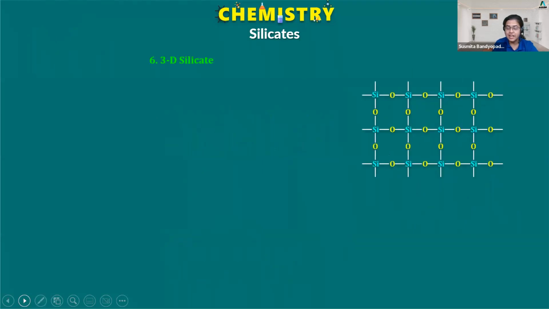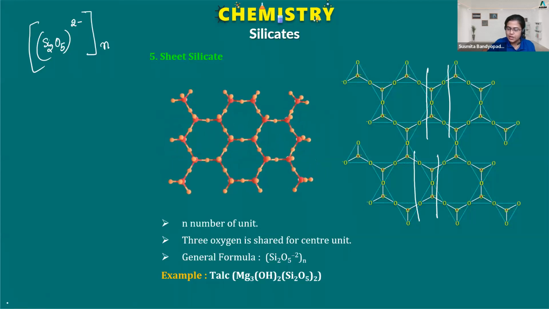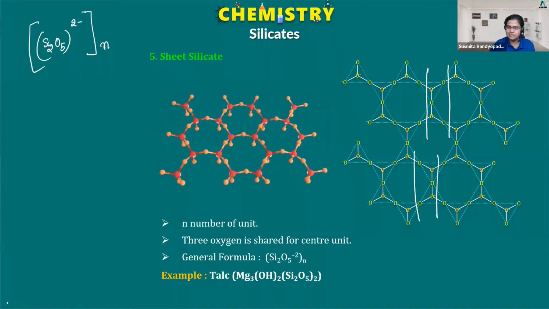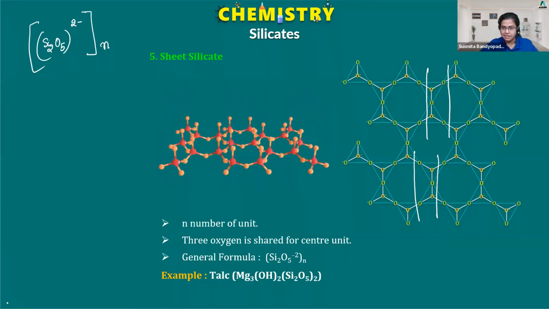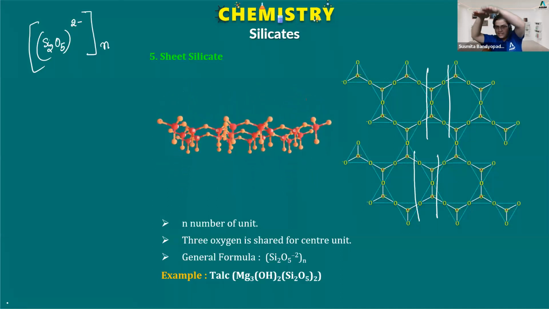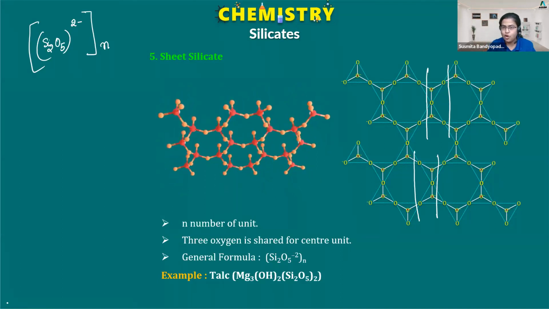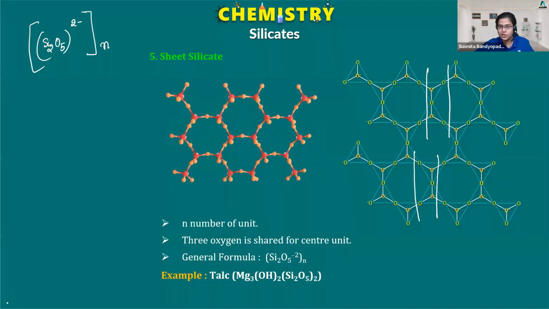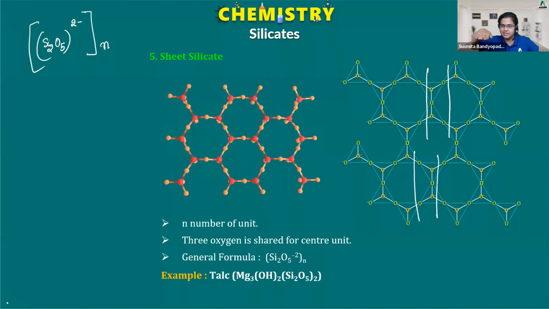The last one, the three-dimensional silicate. Now you have to imagine this. The last one can only be imagined. You can see multiple chains when joined together form a sheet. Now imagine it's 3D. See my hand. You place one sheet, you place another sheet here, another here, another here. Keep on placing sheets one above the other. You can't show it here. One sheet consists of multiple single chains.